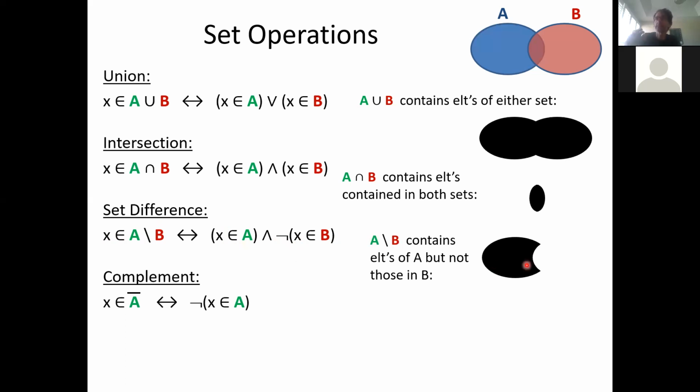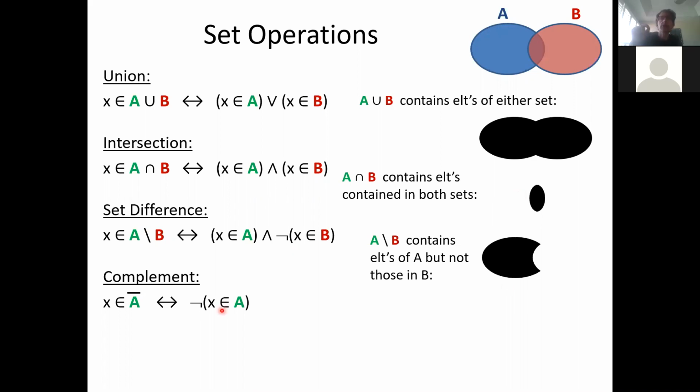It is an asymmetric operation. The union of A and B is the same as the union of B and A. Intersection of A and B is the same as the intersection of B and A. Set difference is different. A minus B is not the same as B minus A, right? So B minus A would be this red fragment with this part out, right?